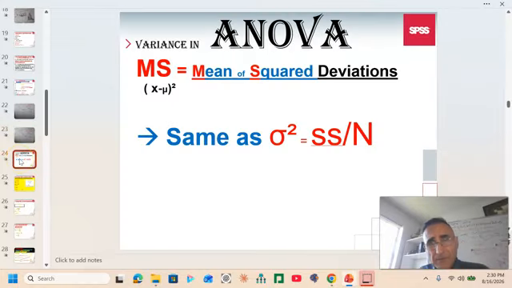Again, for ANOVA, just a refresher, remember the same formula, SS over N, but the symbol itself is not sigma squared. It's MS, the mean of the squared deviation, or mean square. X minus mu is the deviation, the distance from the mean. X is your score, mu is your mean. Subtract those two, and then square it.